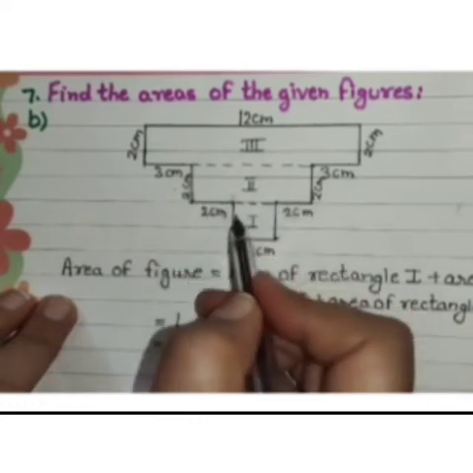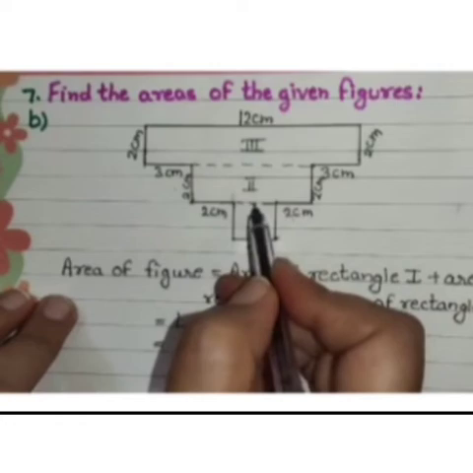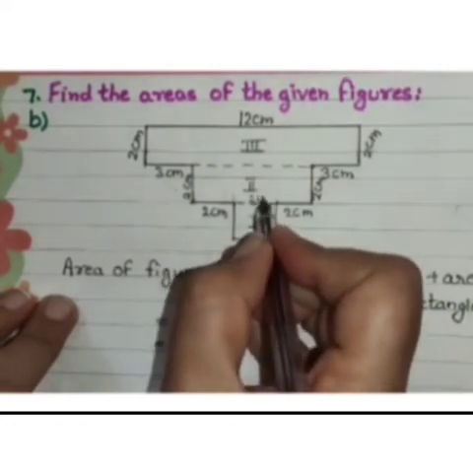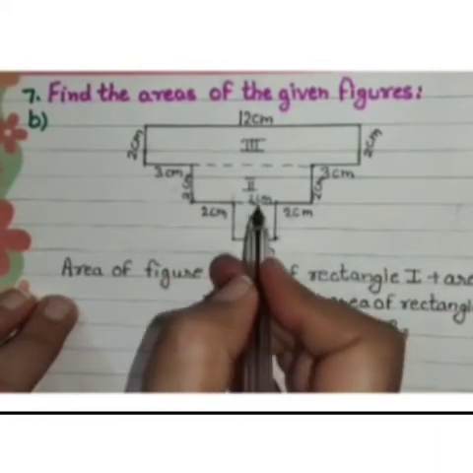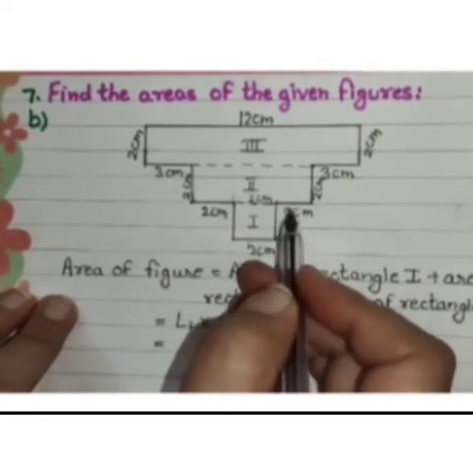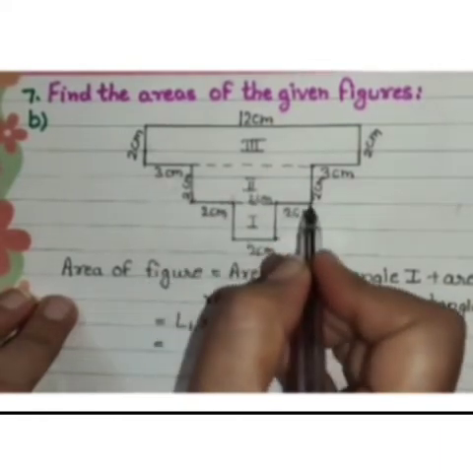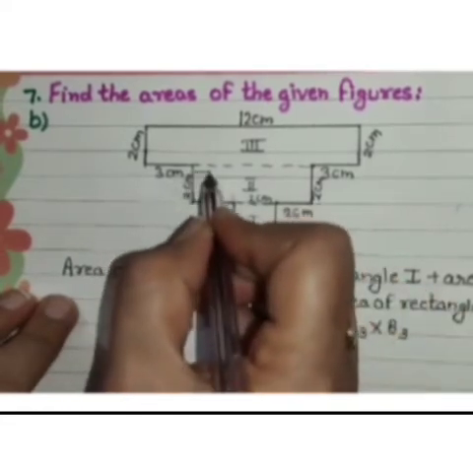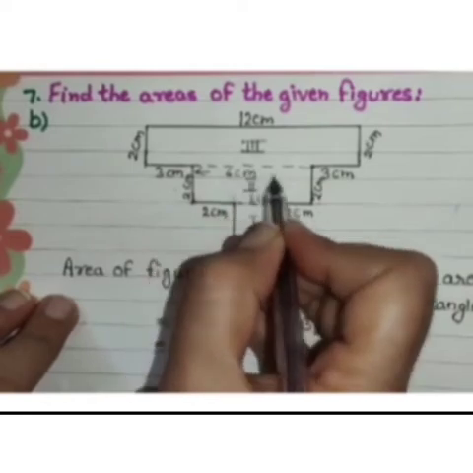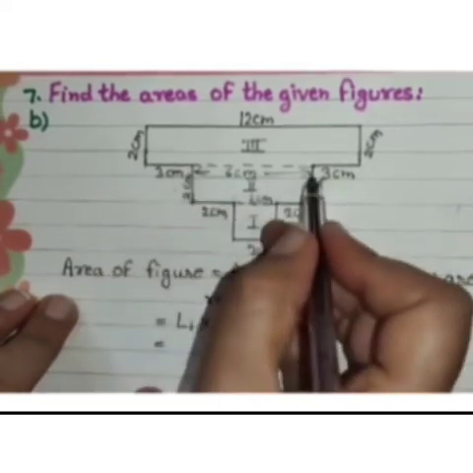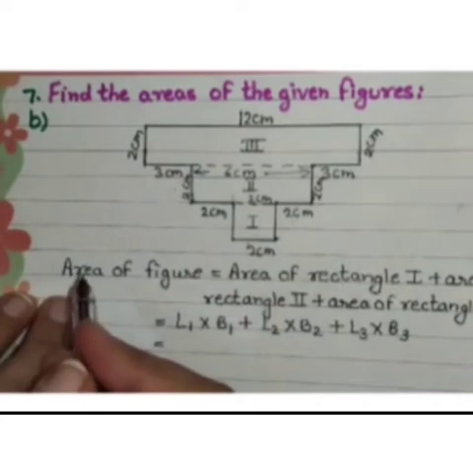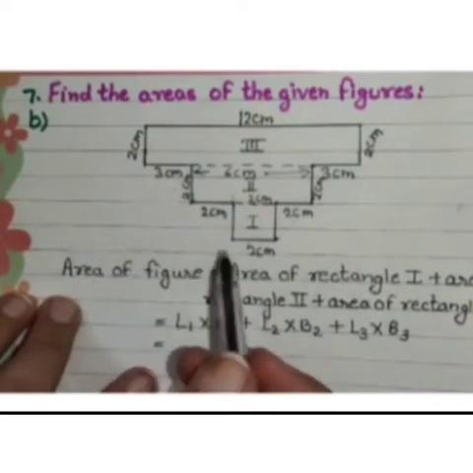This is 2, this is 2 and opposite sides are equal in a rectangle, therefore this is 2, it means opposite side of this is also 2 centimeter. 2 plus 2 plus 2 is 6. Now this is a rectangle, opposite sides are equal, this side length is 6 centimeter, it means this is 6 centimeter. The length of this side of the rectangle is 6 centimeter. Now you can easily find out the area.